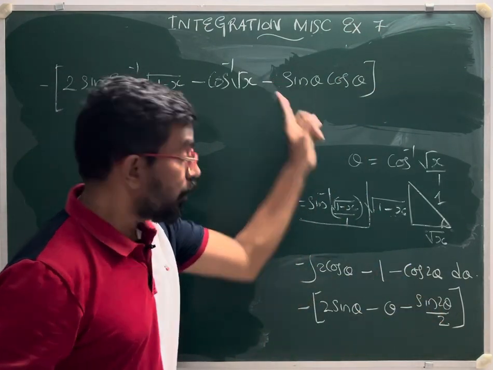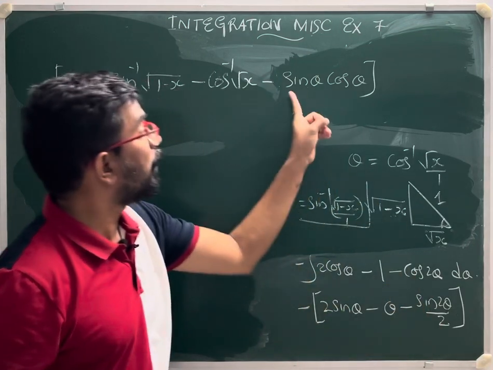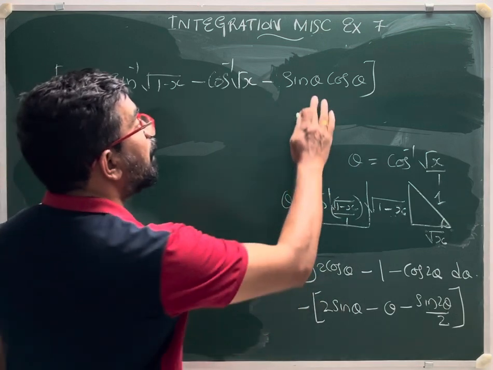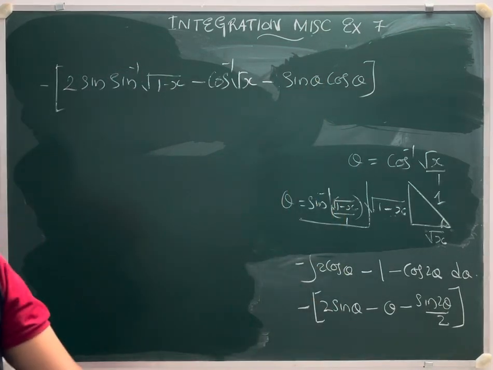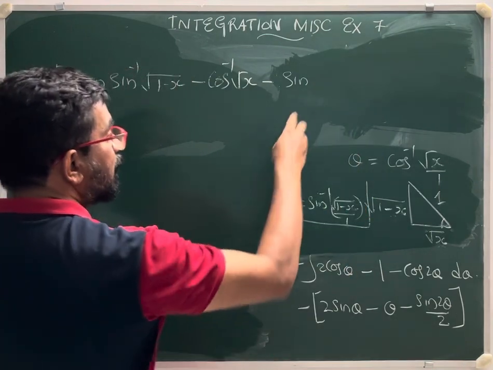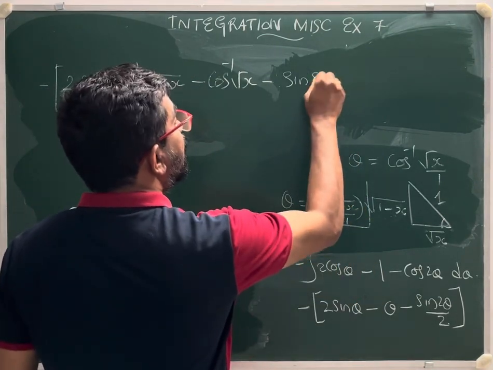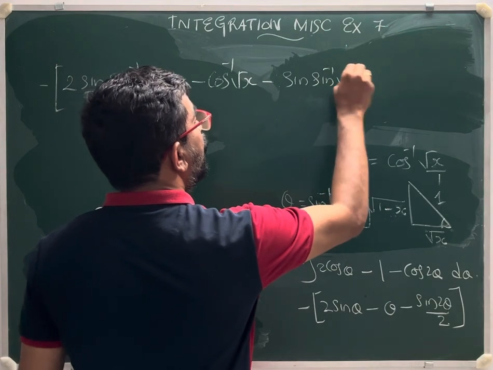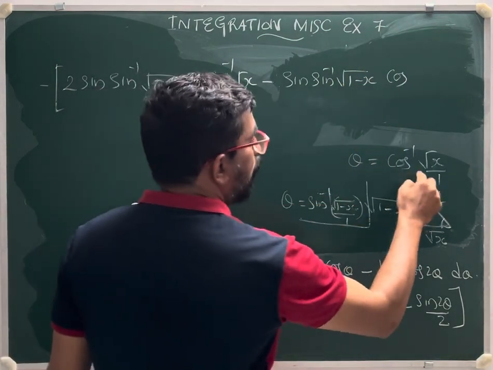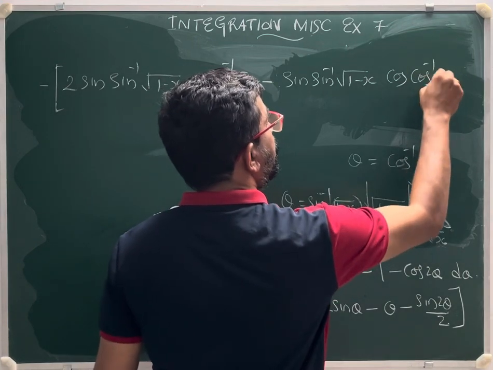Then where is that 2? That 2 cancels with this 2. So you get it into this. Now this theta we need to convert. So this theta will be replaced as sin inverse root of 1 minus x, and cos will become cos inverse root x.